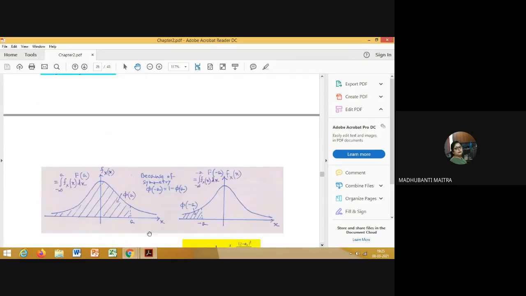Let's see. So this is the plot, right? This is a value a. The value of x at this point is a. So the area under this is the density function, as you can see. The area under this curve from minus infinity up to a is nothing but our F of a, or for the time being we are writing it as phi a.